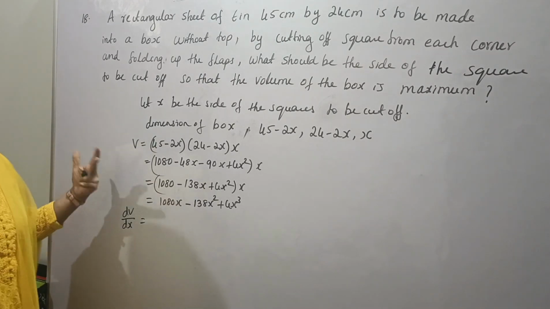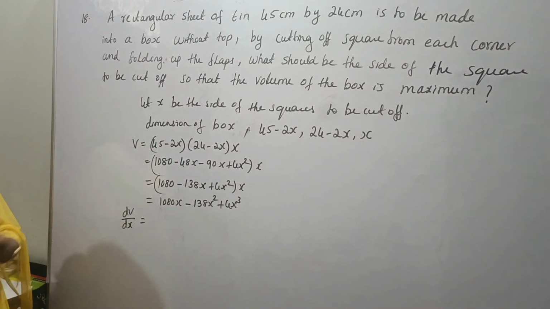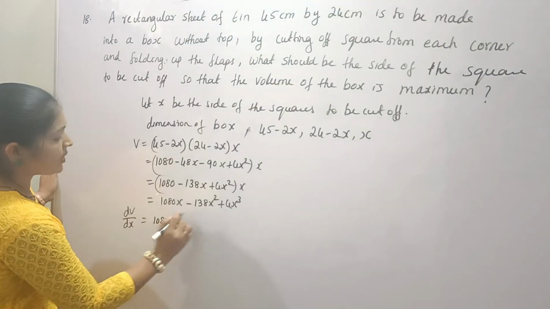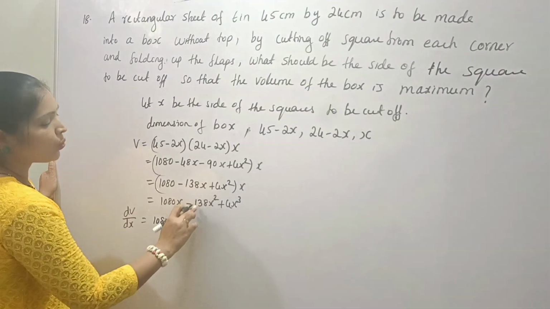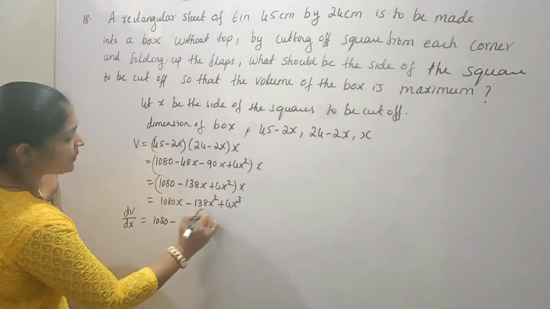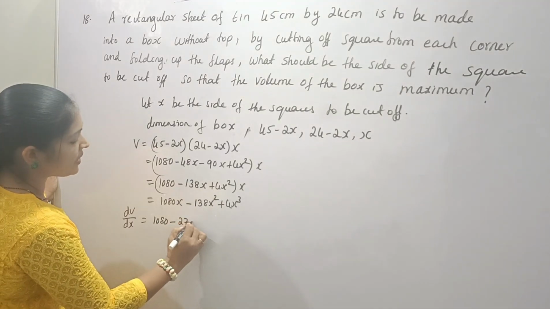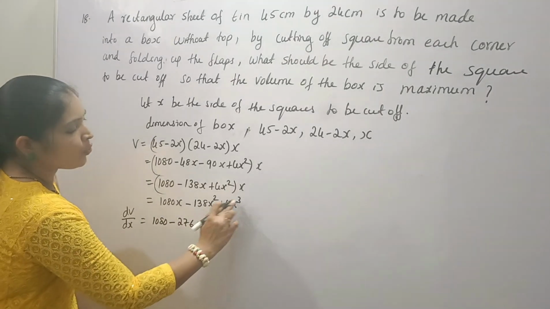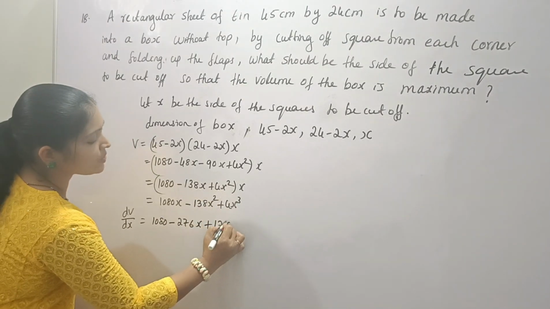dv by dx, differentiating with respect to x, same as f dash of x. Here 1080 minus 2 into 138, that is 276x, plus 4 into 3, 12x square.